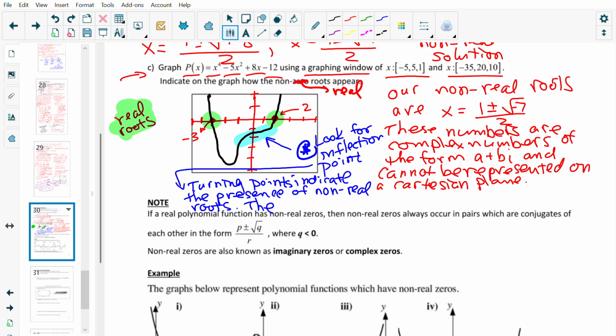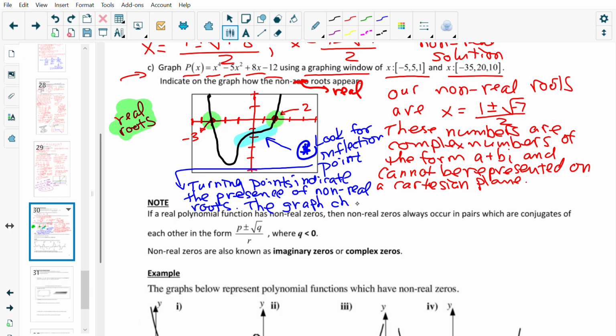The key here is that if you remember from a multiplicity, let's say of an odd number multiplicity, so multiplicity of 3, something like x minus 3 times x minus 3 times x minus 3, right, a cubic, that's going to produce an inflection point, but that's through the x-axis. The difference with a complex number solution or a non-real solution, this turning point happens without crossing the x-axis.